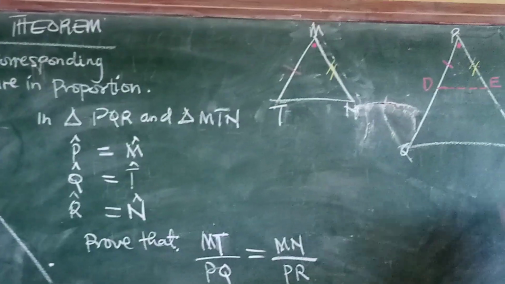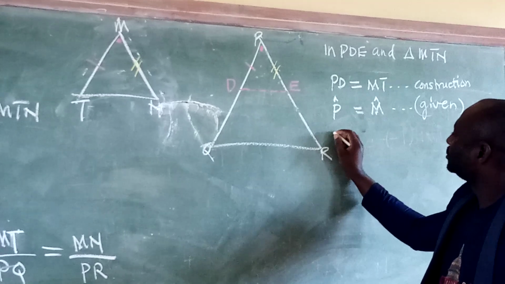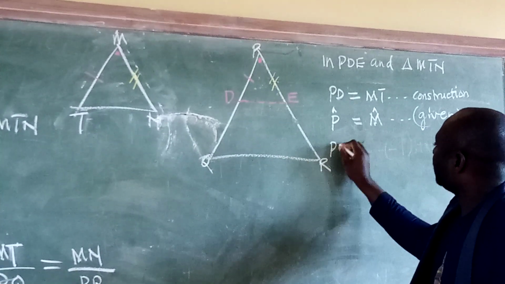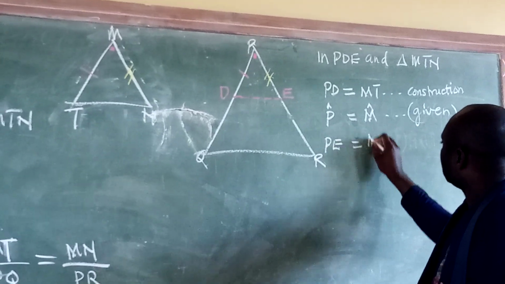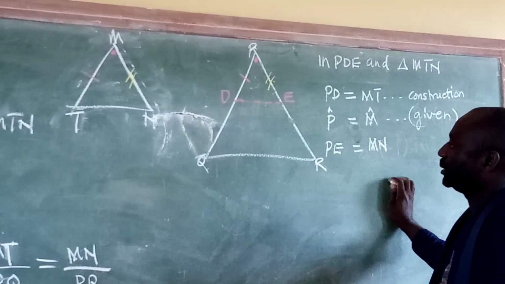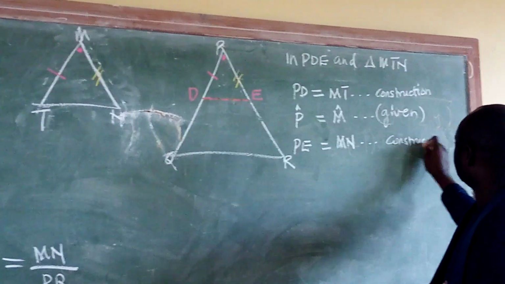Then let's talk again. Which line is equal to what line? The line PE is equal to which line there? N. The reason is also construction.